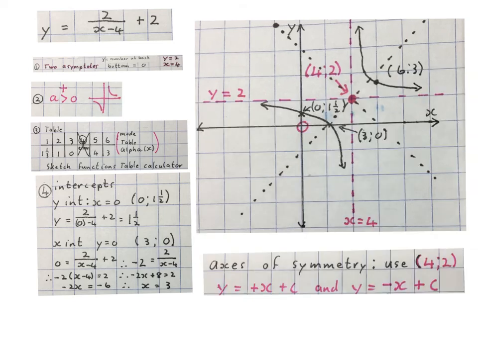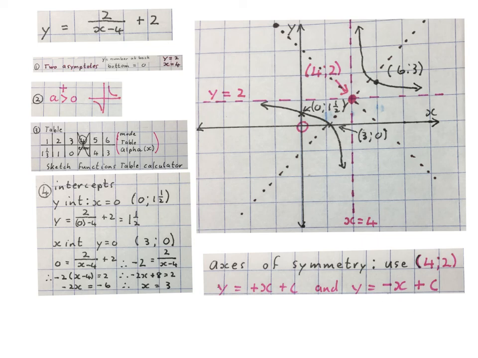Lastly, we work out the equations of the axis of symmetry. We're going to use this coordinate where the two asymptotes meet. There's the one axis of symmetry, the one with a positive gradient, and there is the other axis of symmetry with a negative gradient. We use this formula for the one with a positive gradient and this one for the one with a negative gradient.